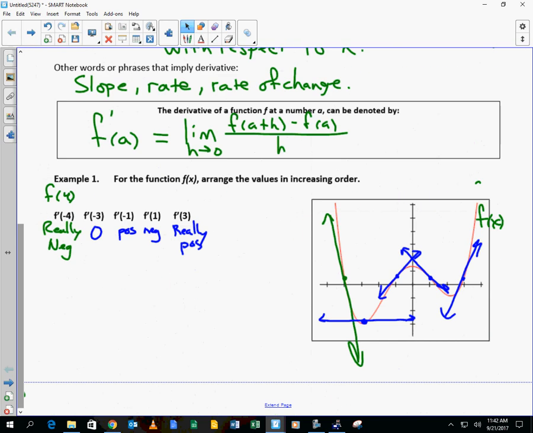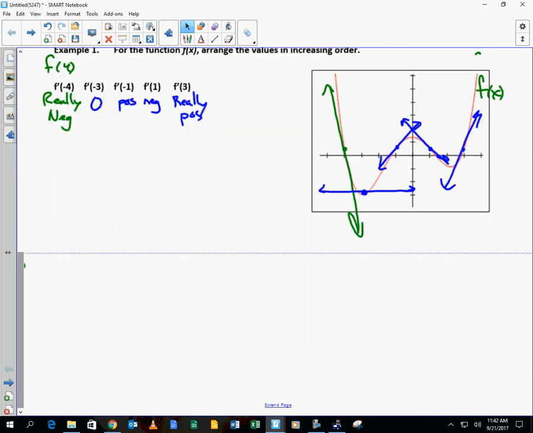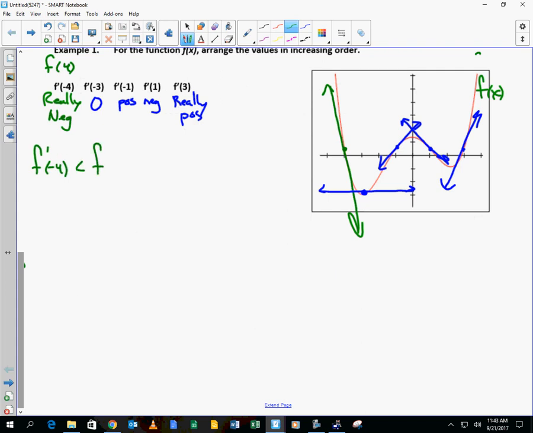All right, so now we have all these values. I'm going to arrange them in order from least to greatest. So which one of these is the smallest? F prime of negative 4 is the smallest. What's next? F prime of 1. So that's, we say prime.